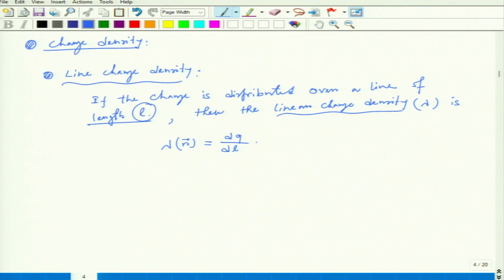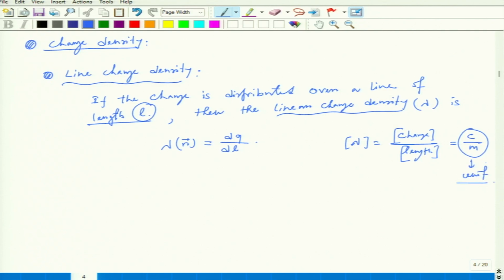It depends on the distance from the center of the rod, or maybe from the end of the rod. The dimension of lambda is charge by length, so the unit is coulomb per meter.